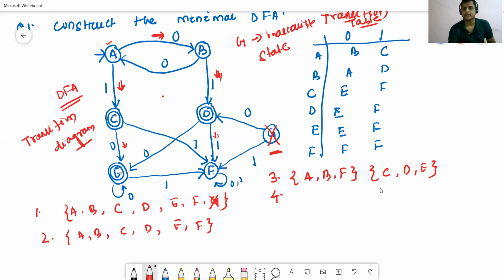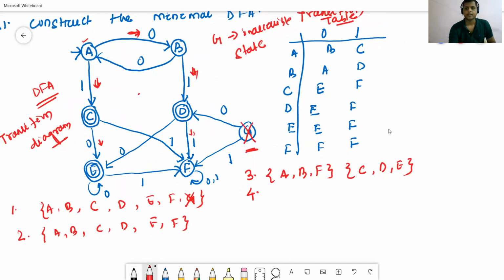Here, A reads 0, goes to B, a non-final state. A reads 1, goes to C, a final state. B reads 0, goes to A, a non-final state. B reads 1, goes to D, a final state.